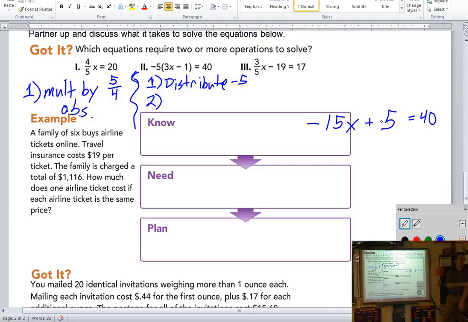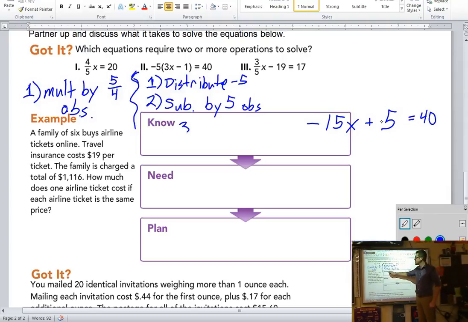If you're looking at the front of that page, we're undoing. What do I need to undo here? The multiplication or the addition? Yeah, we got to undo the addition. So to undo addition, what do you do? So my second step would be subtract, and we can abbreviate that. Subtract by 5 on both sides.